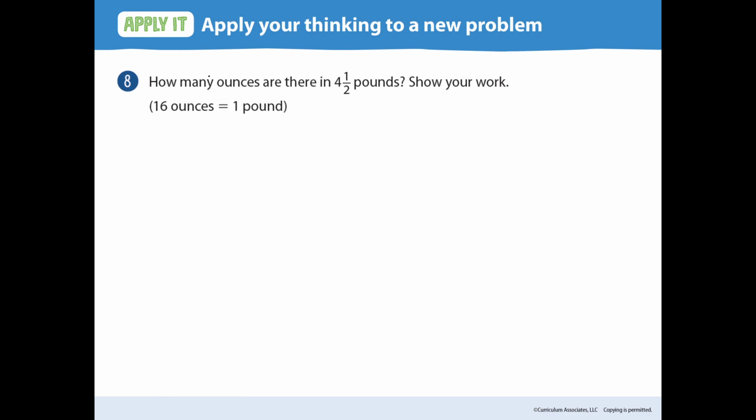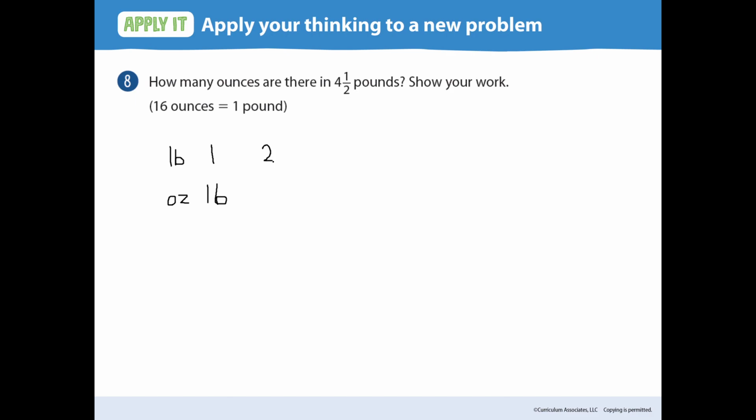So if I have my chart here, I know that 1 pound is 16 ounces. Let's label that pound. LB is pound and OZ is ounces. So 1 pound is 16 ounces.